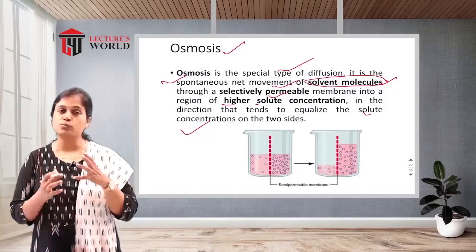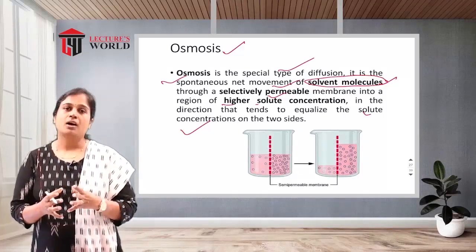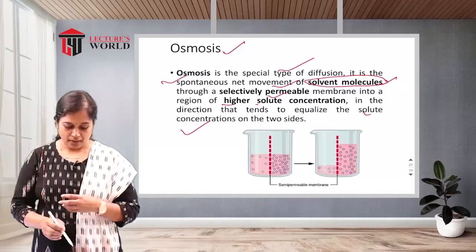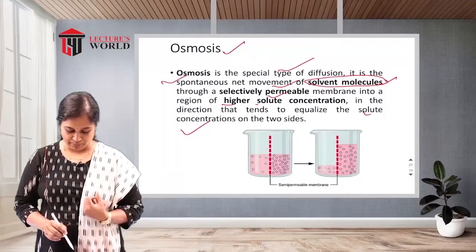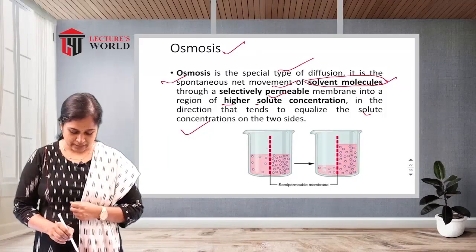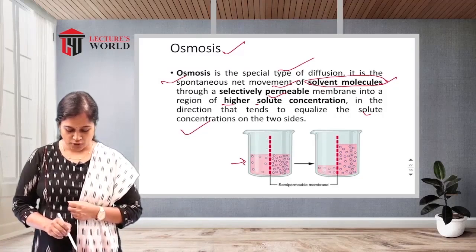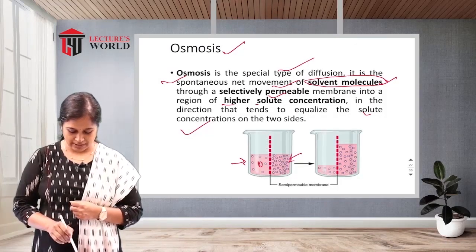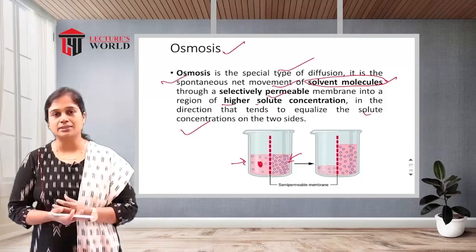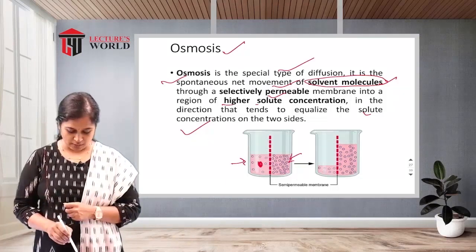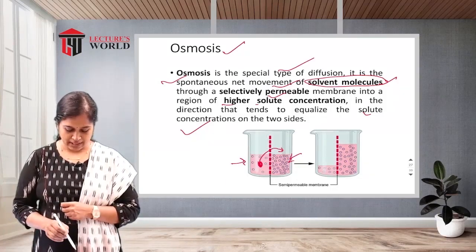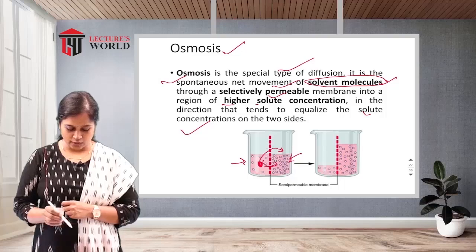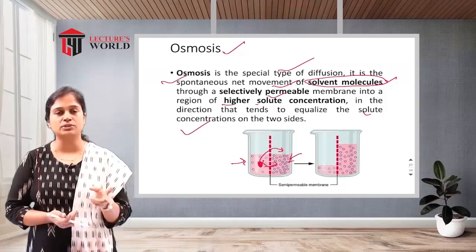In this image, on one side there are a few solute molecules and on the other side many solute molecules. The liquid portion is called the solvent. This solvent will move to this side and equalize the concentration of the solutes on both sides.